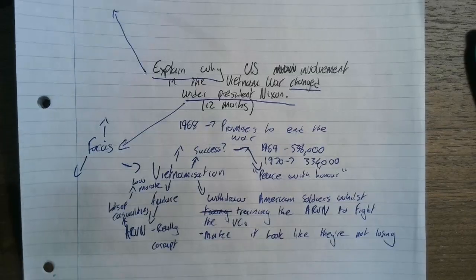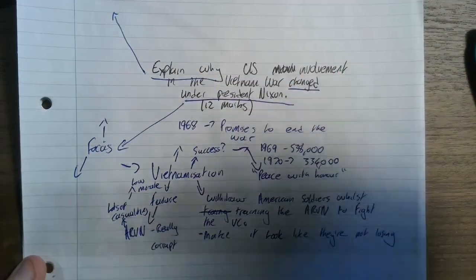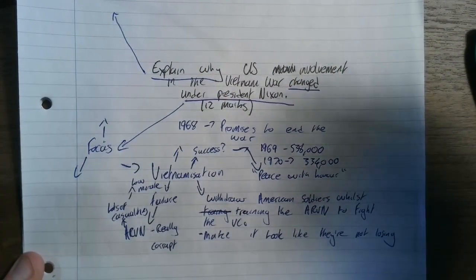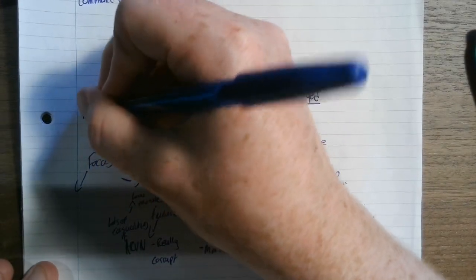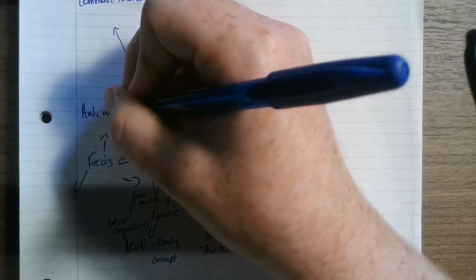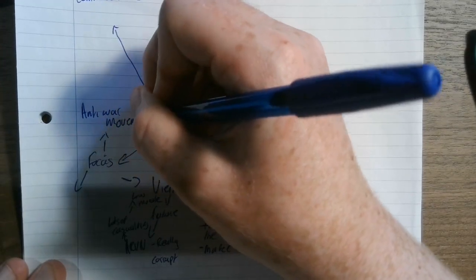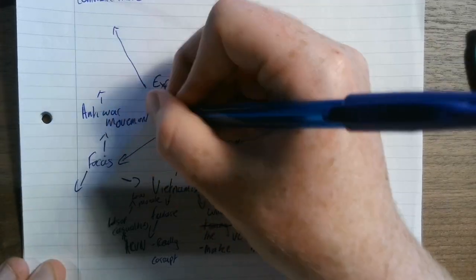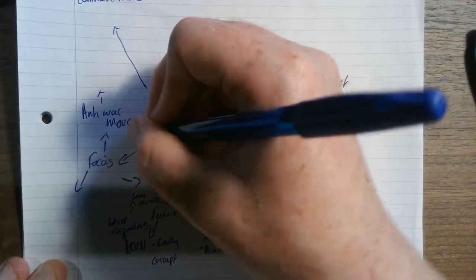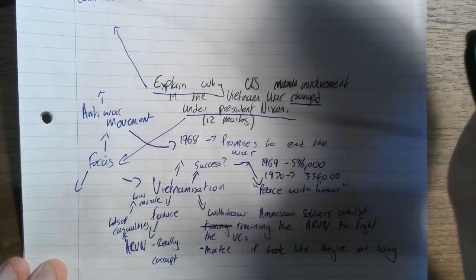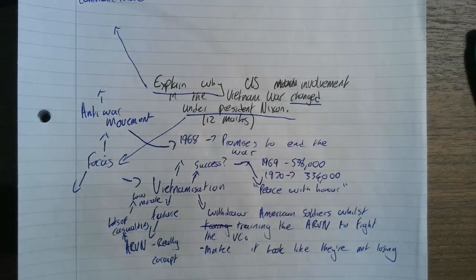I think another massive thing that changes under Nixon is the anti-war movement. This is really important for the war, and it almost links back to his promise in 1968 to end the war. He's elected in essence because of the anti-war movement.